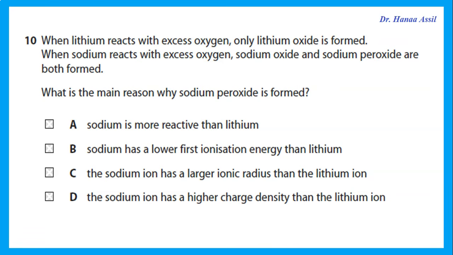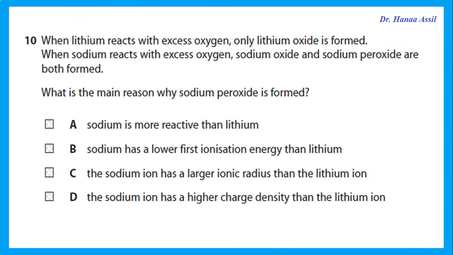Well, if we look at the periodic table, which one is supposed to be more reactive? The lithium is at the top of group 1, sodium is lower in group 1, and we said the one that is lower is more reactive. So sodium is more reactive than lithium, but that is not why it would form more oxygens around it.